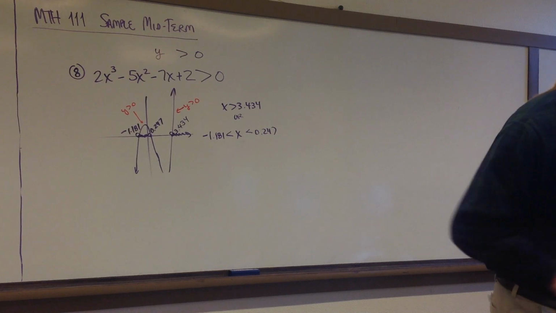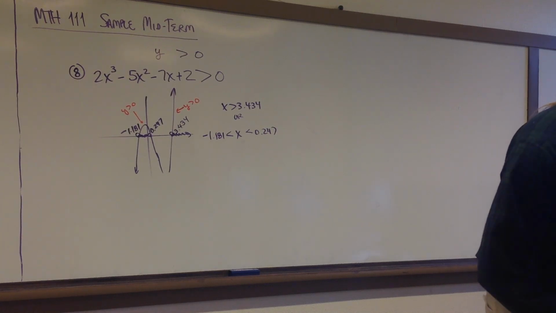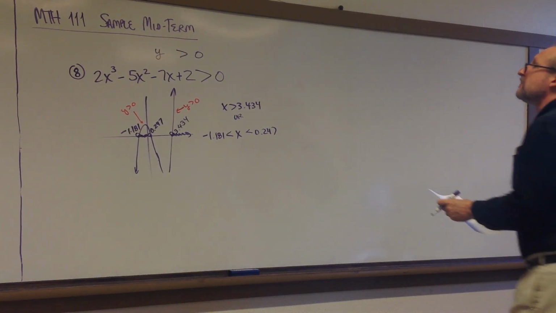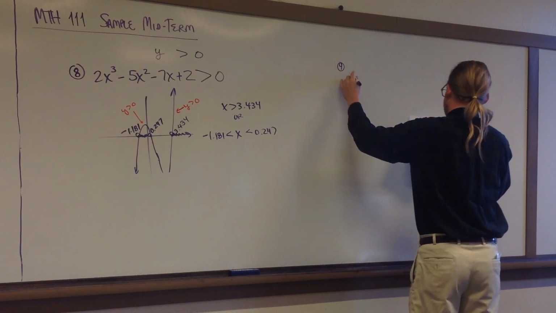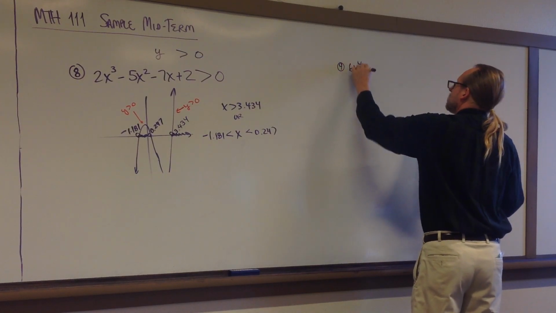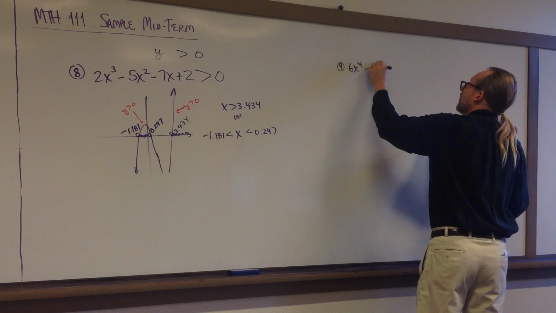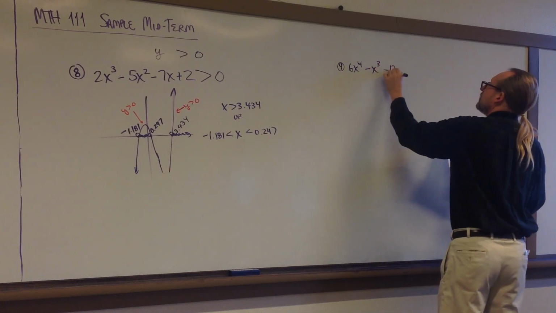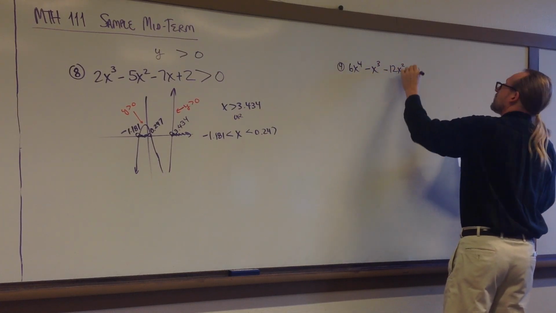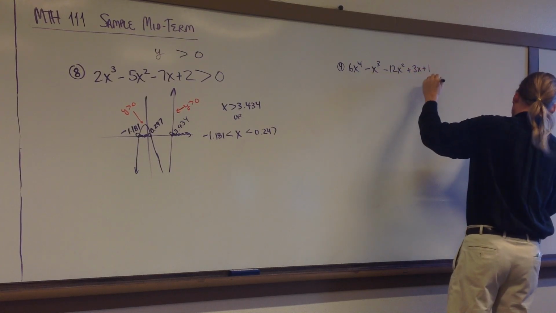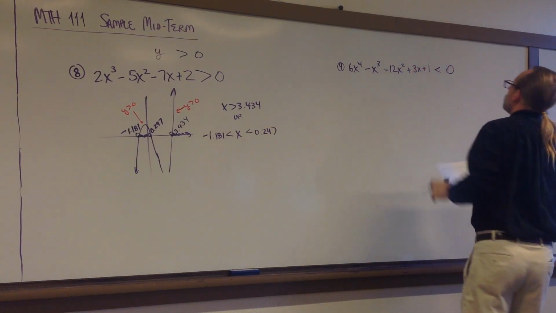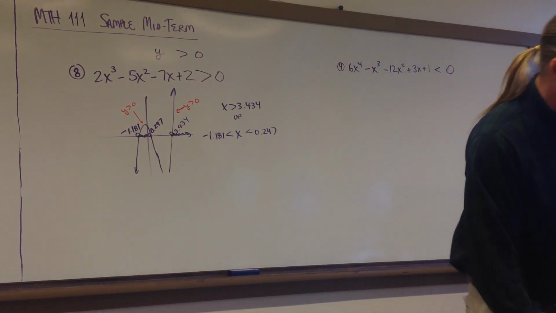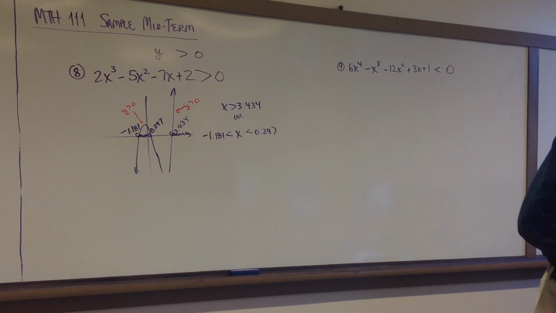Let's take a look at number 9. 6x to the 4th minus x cubed minus 12x squared plus 3x plus 1. And we want to know, where is that going to be less than 0? Okay, well, let's put that one in the calculator.